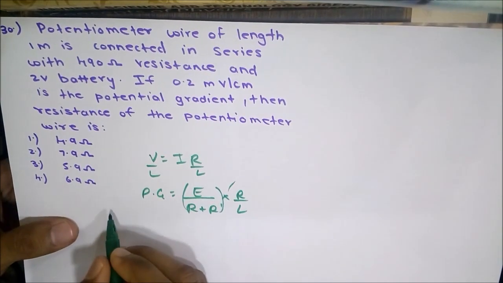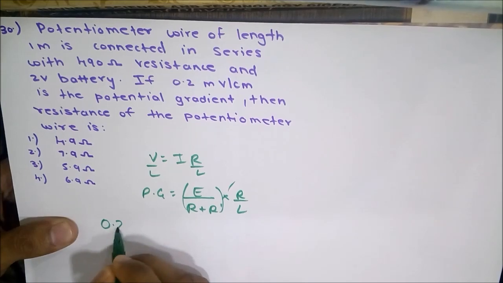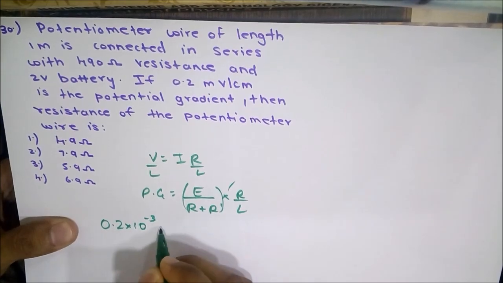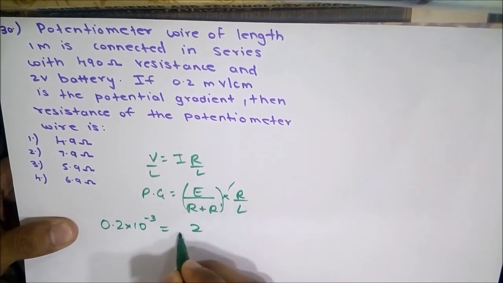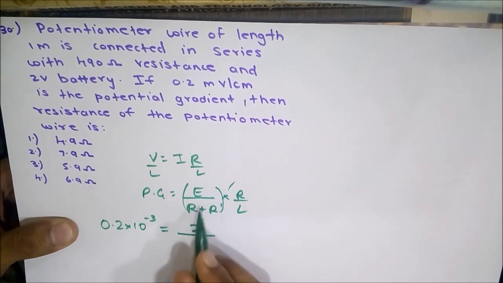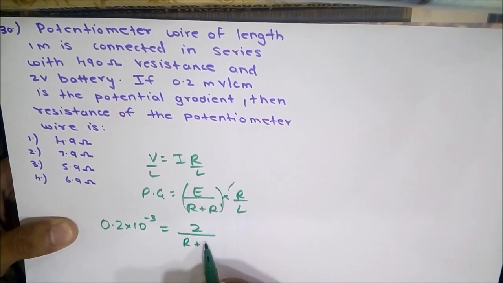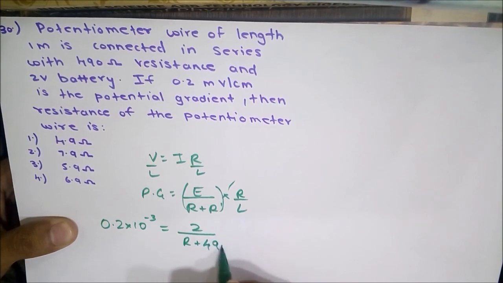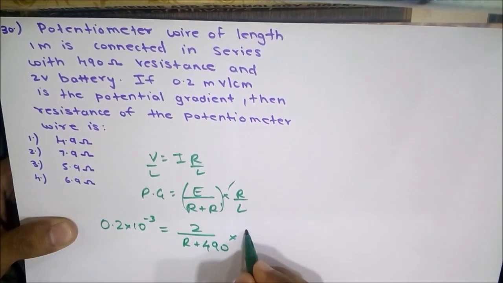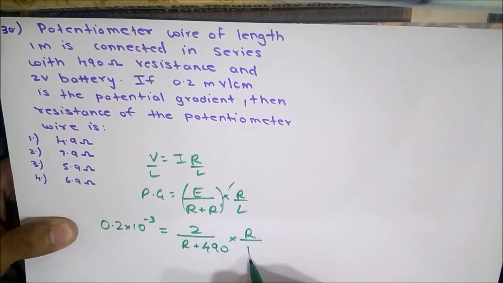So potential gradient is given as 0.2 into 10 raised to minus 3 volts is equal to 2 volts of the EMF, upon R, which is the resistance of the wire, plus R dash 490 ohms connected in series, into R upon length 1 meter.